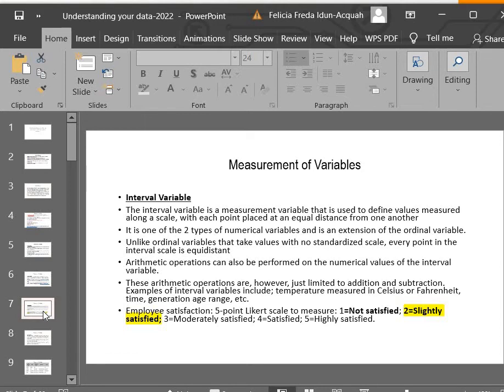And therefore, we create an artificial continuum of scale that we think can be used to measure the level of job satisfaction. Maybe you can place 1 as least satisfied, 2 slightly satisfied, 3 moderately satisfied, 4 satisfied, and 5 highly satisfied.